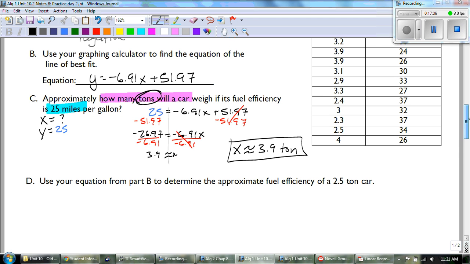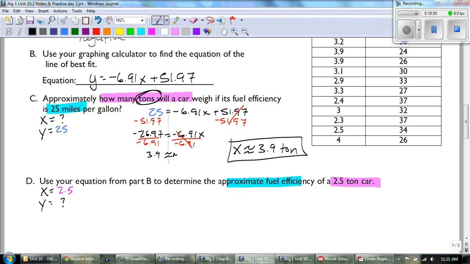Now, last one, D. Use your equation from part B to determine the fuel efficiency of a car that weighs 2.5 tons. So now they told us the X, we need to find the Y. So why don't you guys pause the video and see if you can do this one all on your own.